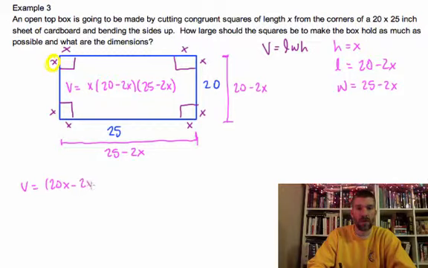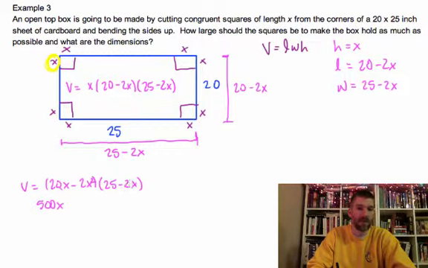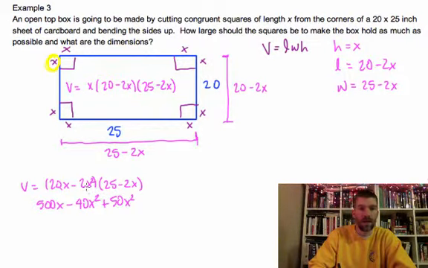20x minus 2x squared times 25 minus 2x, and then just multiply this part out. So 20x times 25, that's 500x, and then 20x times the negative 2 is minus 40x squared, and then negative 2x squared times 25, that's 50x squared, and then negative 2x squared times negative 2x is plus 4x cubed.